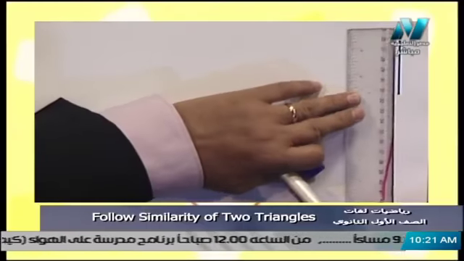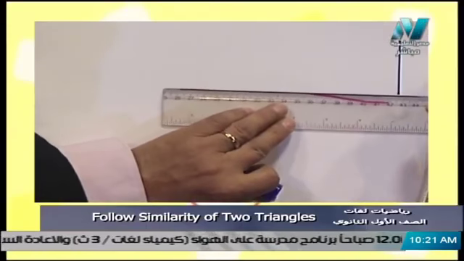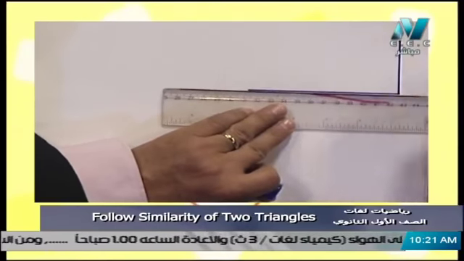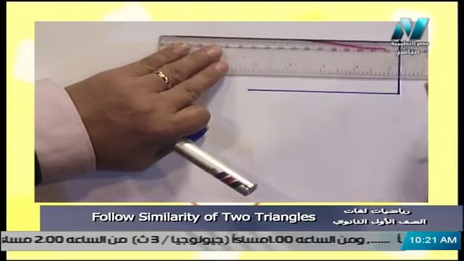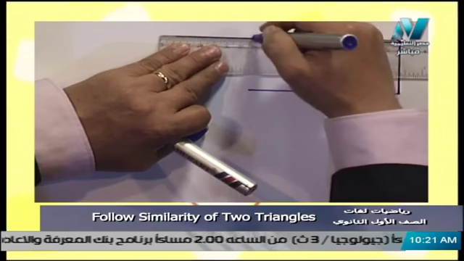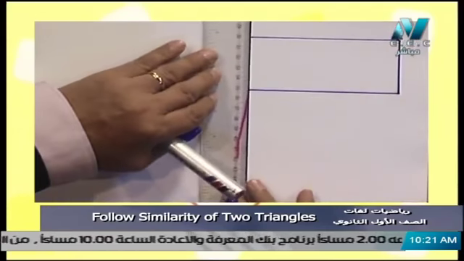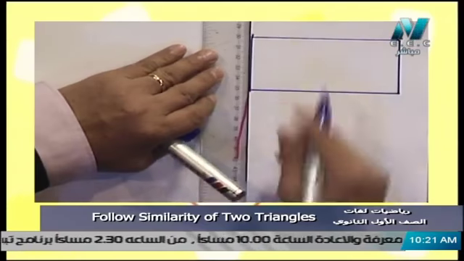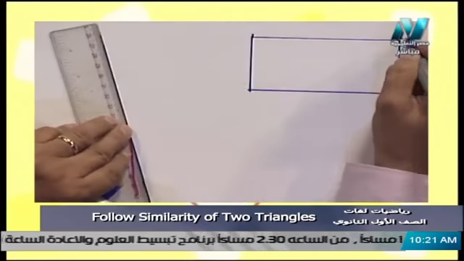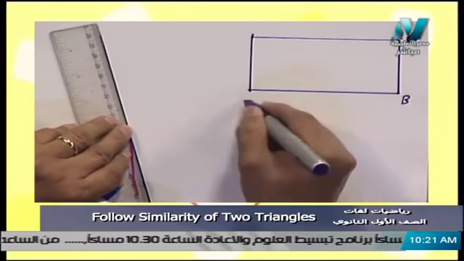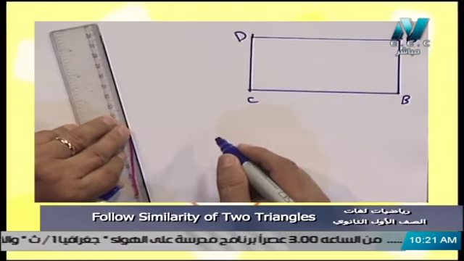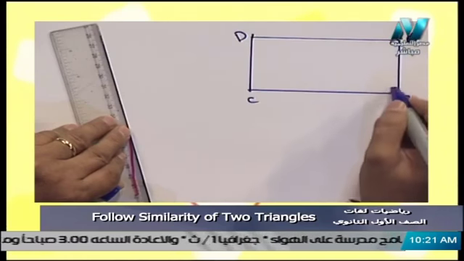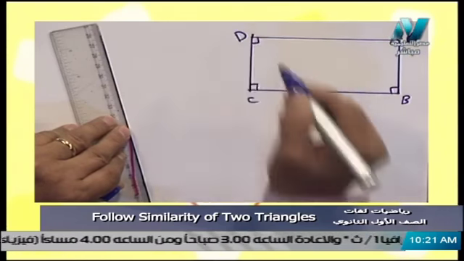If we have a rectangle like that, we will draw it. We have a rectangle here, A, B, C, and D. We know about a rectangle that all angles are right, and each of them equals 90, of course.